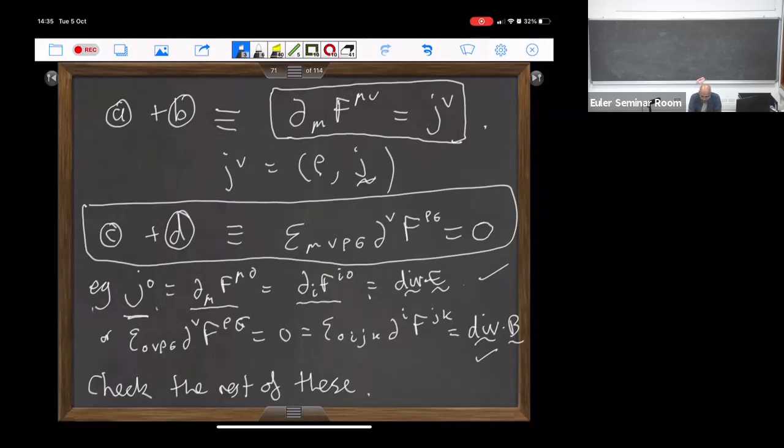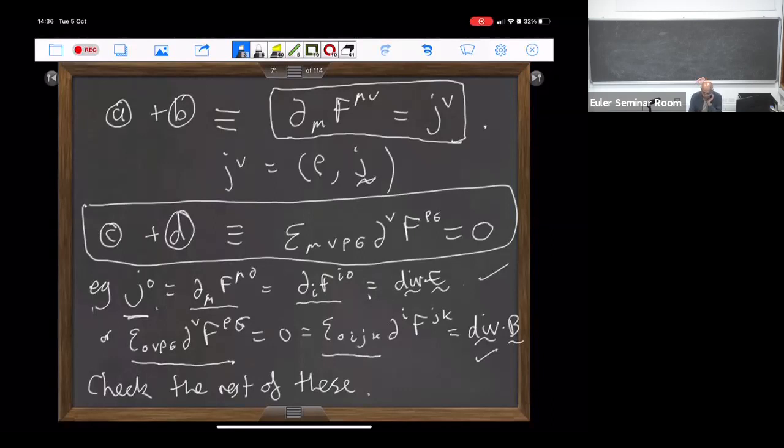So we use a convention in which epsilon 0, 1, 2, 3 is 1, and totally antisymmetric, etc. So if I take mu equals 0 in that equation, then nu, rho, and sigma have to be purely spatial, which means epsilon 0 ijk, which is the same as epsilon ijk. And then from that, you get the divergence of B is 0.